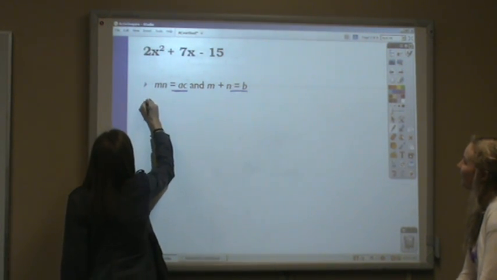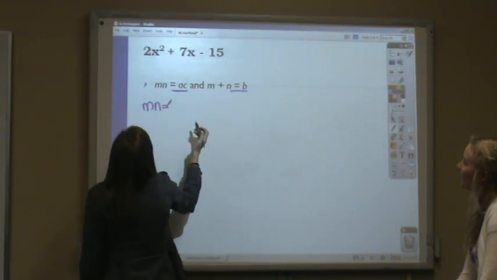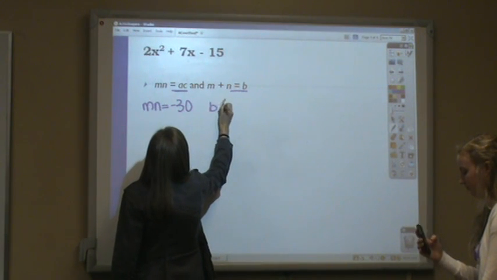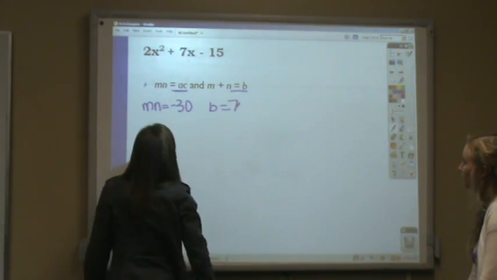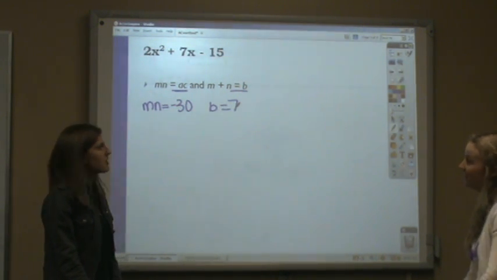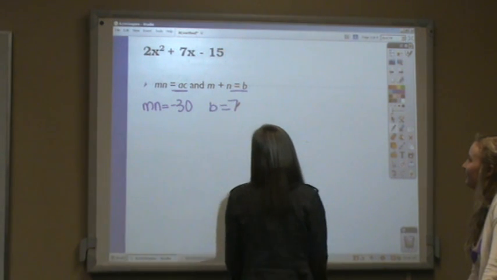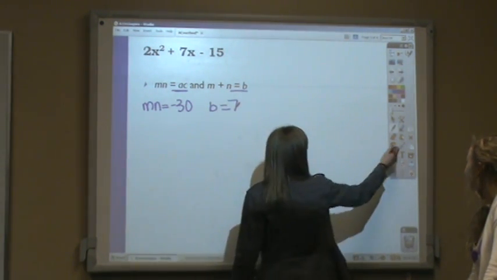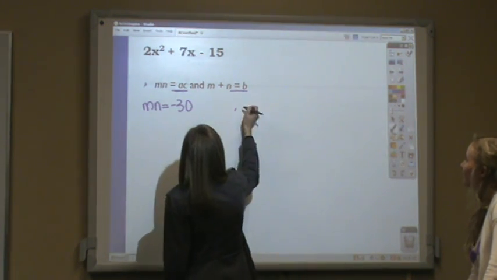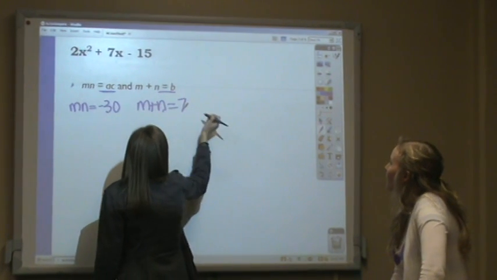So. A times C is... M plus N equals 7. B also equals 7. I'm trying to find M and N. So now what are we gonna do?